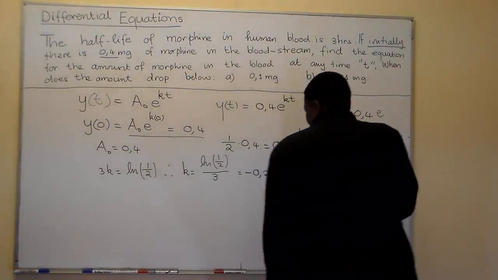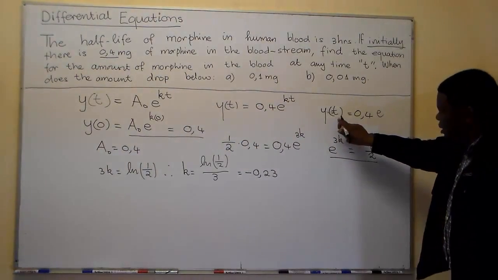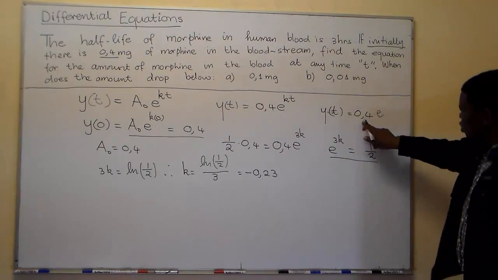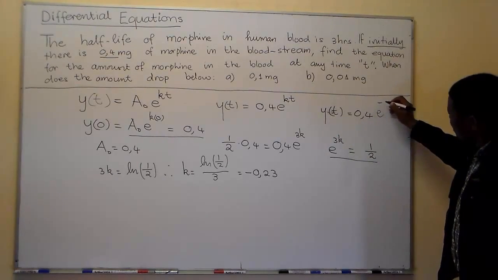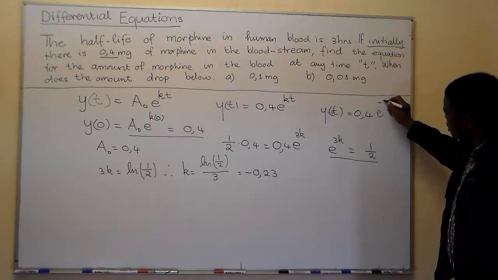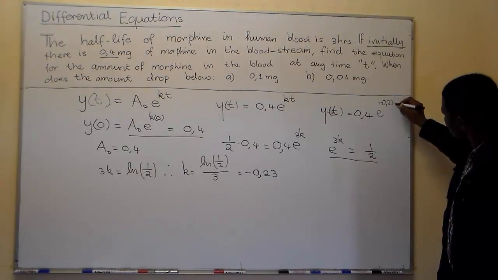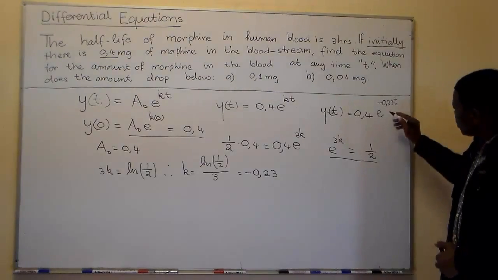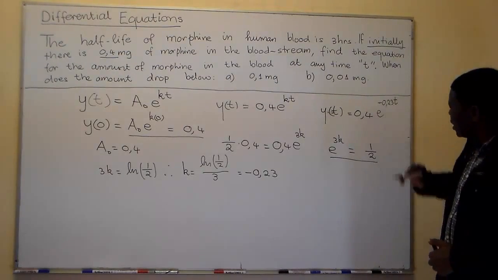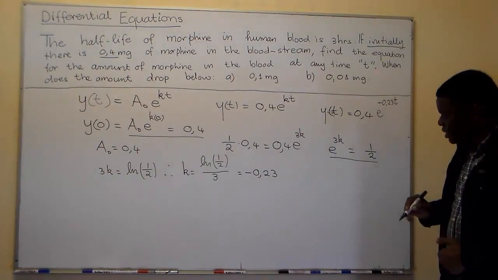Now our function y of t is going to be 0.4 e to the power minus 0.23 t. So we've got that, and effectively k is negative, so it's decay.